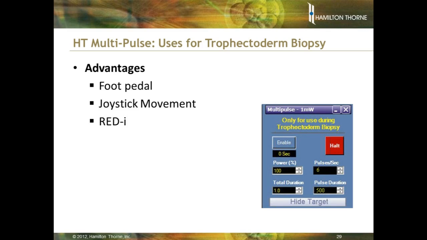You have both hands on the joystick, and you simply swipe, if you will, across the laser beam, and within a fraction of a second or a couple of milliseconds, you have essentially dislodged or weakened the trophectoderm bonds enough such that you have a smooth biopsy and a nice piece of trophectoderm in your biopsy pipette, as was seen in the video.